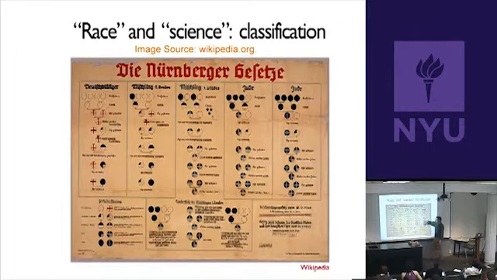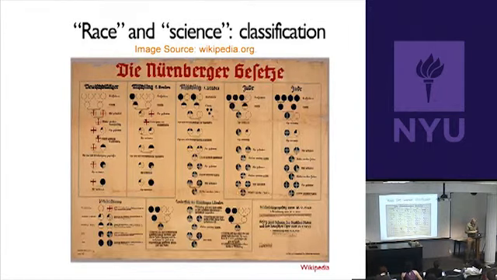And if you had 1 or 2 Jewish grandparents, you were considered somewhere in between, with different grades of being a little bit better and a little bit worse. And so again, there's no real scientific basis for saying that someone with 3 grandparents who were Jewish is Jewish. That's not at all a scientific concept. But the display of it in this way, the justifications that went along with this, were couched in the language of science.